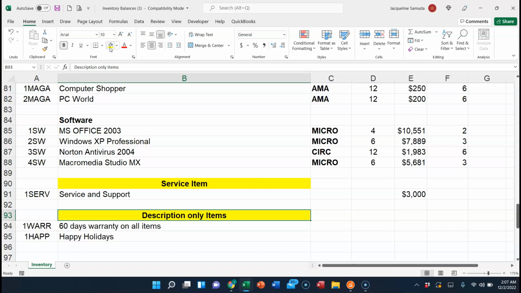The stock item, which was the first one I highlighted, which accounts for 90% or 99% of your data on this appendix. The other category is service item, and the final one is description only item.